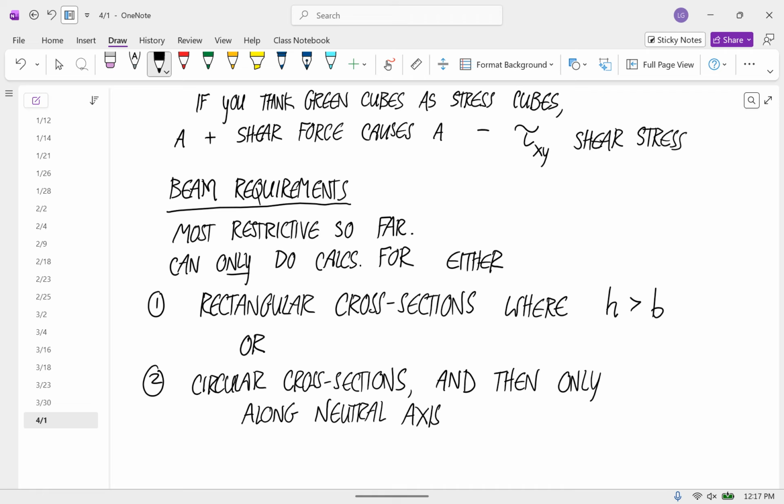Okay, so if you have a rectangular cross section with the height greater than the base, you can calculate the stress due to shear force anywhere along the cross section. So that's good. And another thing that's good is, well, this won't let us do every kind of rectangular cross section, but remember, because of the moment of inertia, it's pretty common that we're going to have the height bigger than the base, because that resists bending more effectively. So this is okay. For rectangular cross sections, this is helpful.